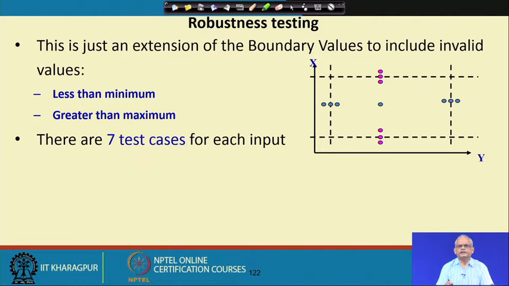For robustness testing, therefore, we consider the invalid values as well, and therefore, the number of elements at the boundary are 3 on each of the boundary.